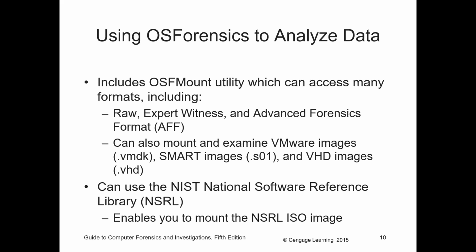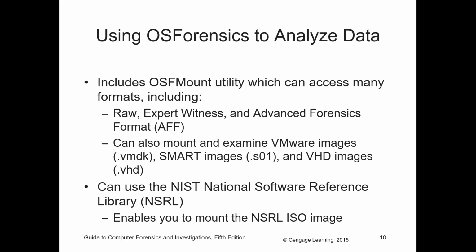You remember the formats we covered in chapter 6? Yes, there are raw files, expert witnesses, we have advanced forensic formats, AFF, smart files, VMware images, VHD images. All these different formats are all available. We can use the NIST software also, that is the National Software Reference Library, in also being able to make several images.